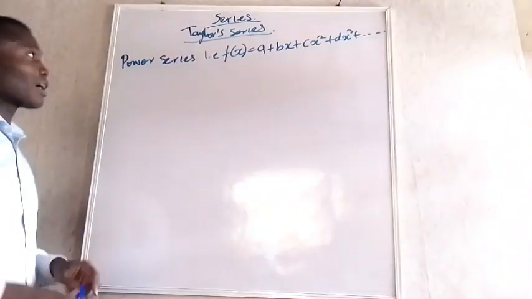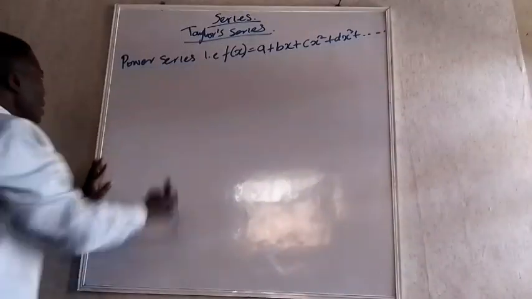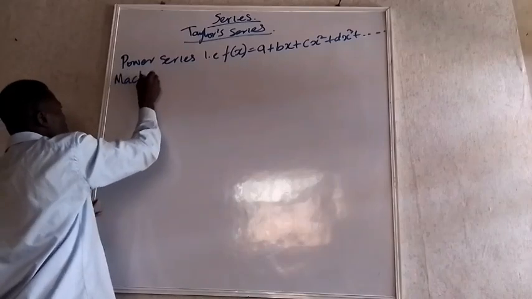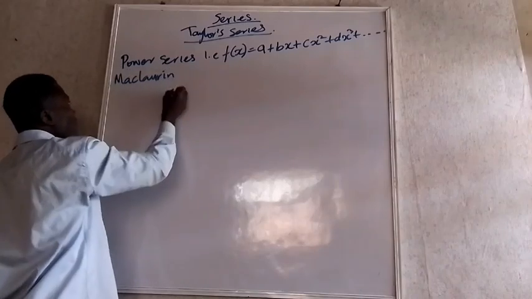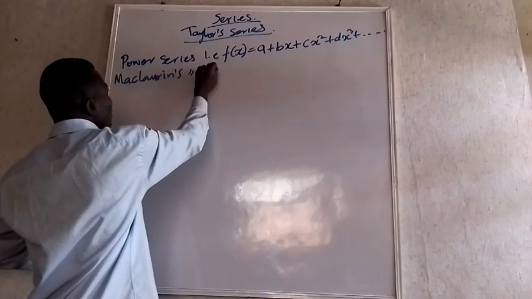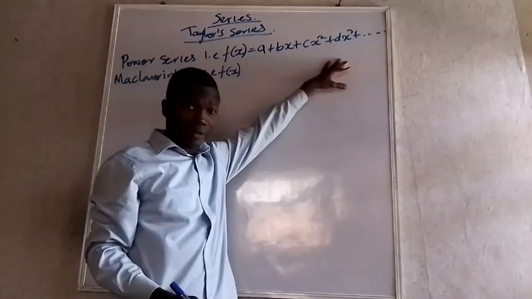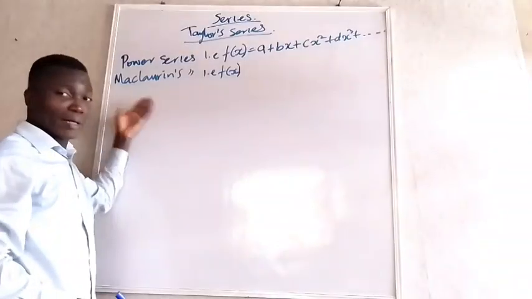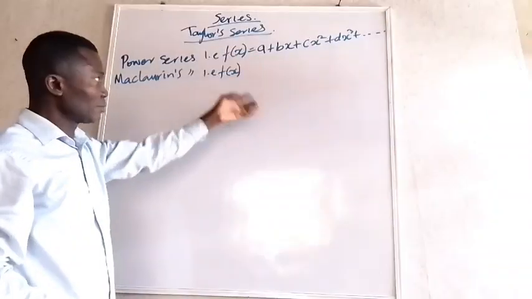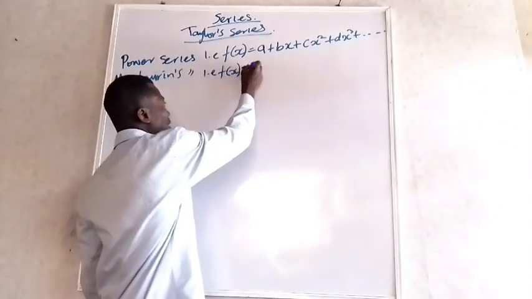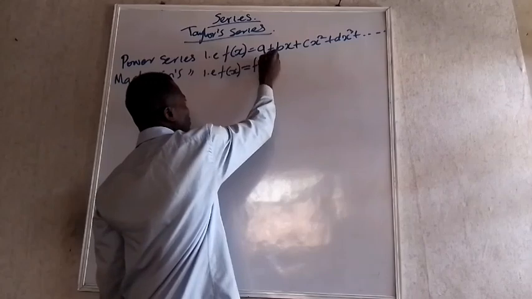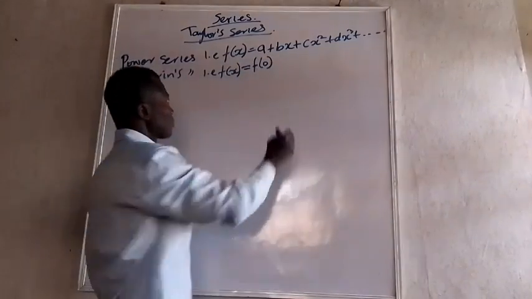Now, we talk about somebody who simplified it, Maclaurin. f of x will now be all these coefficients. Maclaurin helped us to work them out. He said A will be f of 0.